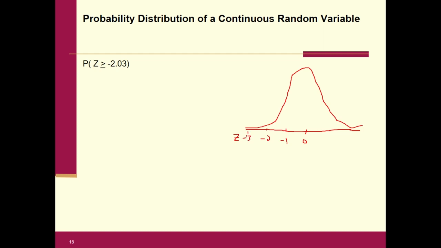Give me some reasonable place to put our number here. So we got a negative 2.03. So negative 2.0. So here's a negative 2. So just a smidge over. I'm going to draw a line straight up. Okay, now don't go to the nearest tail because we have to follow simply that it's greater than.